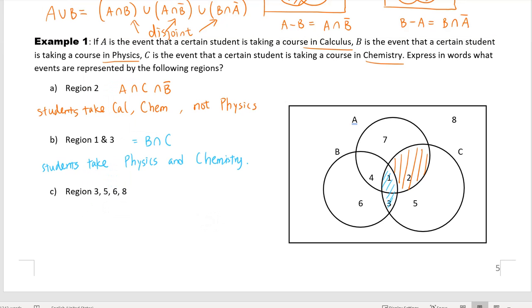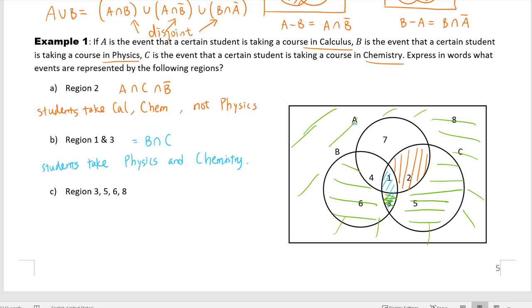Okay, regions 3, 5, 6, 8. Region 3 here. 5, 6, 8. What happened?